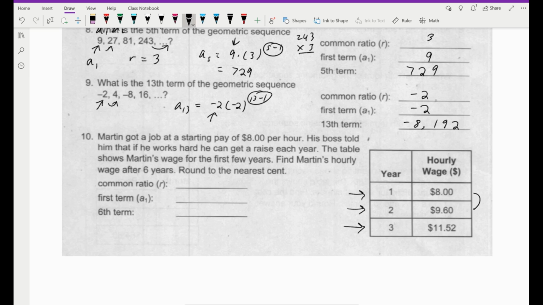So we'll assume here each time he's getting the same increase. Well, it's not arithmetic, so we're going to be multiplying by r each time. This is a geometric sequence, so he's getting the same percentage increase each time. And that's why we're multiplying when it comes to a percentage increase.